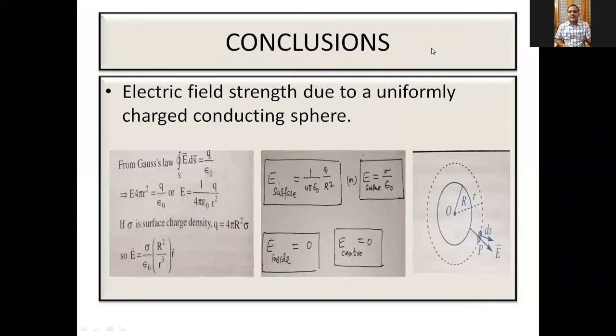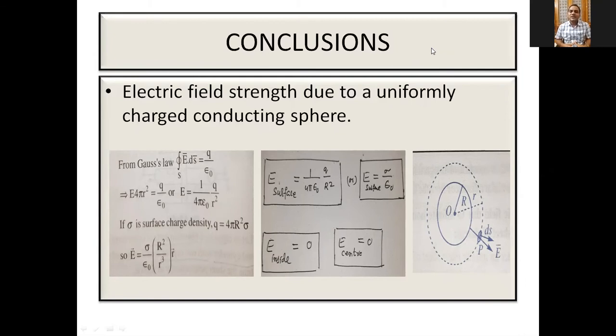The first case we saw was the field strength due to a uniformly charged conducting sphere. There we saw three cases: the point outside of the sphere, on the surface, and inside the sphere, at the center. In the case of a conducting sphere, outside the sphere, E is inversely proportional to R square. On the surface, the field strength is maximum.